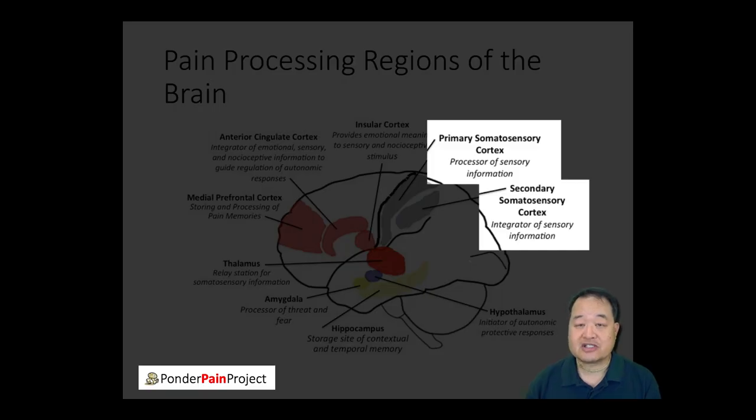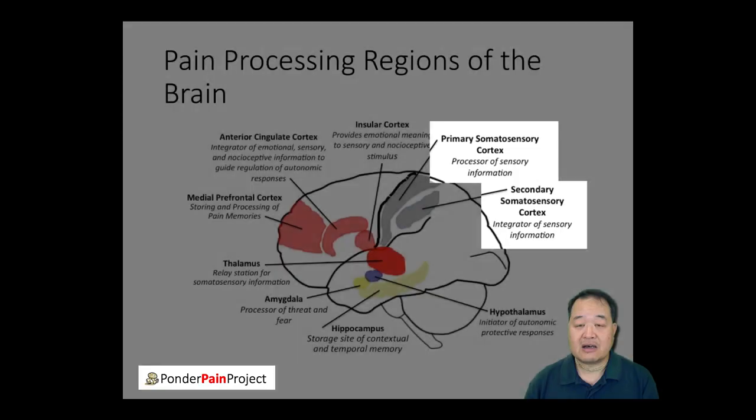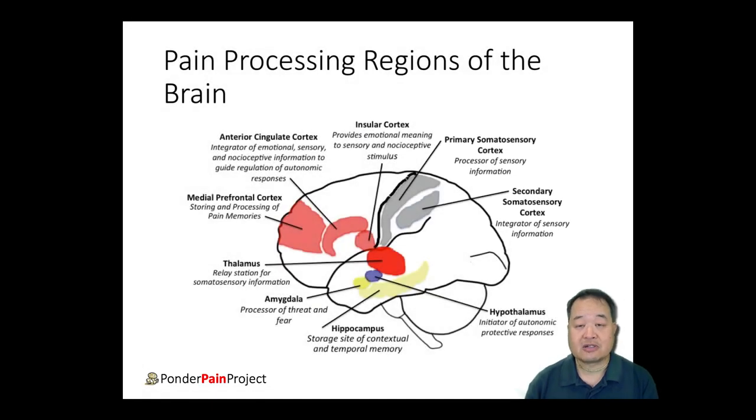Well, this is where sensations are processed. And we remember that when we talked about pain earlier in modules, pain is not just about nociception, but it's also about the sensations and other environmental cues that come to our brain and are processed at the same time. So it's not unusual that these areas would be stimulated when we come in contact with the nociceptive or injury type of stimulus.